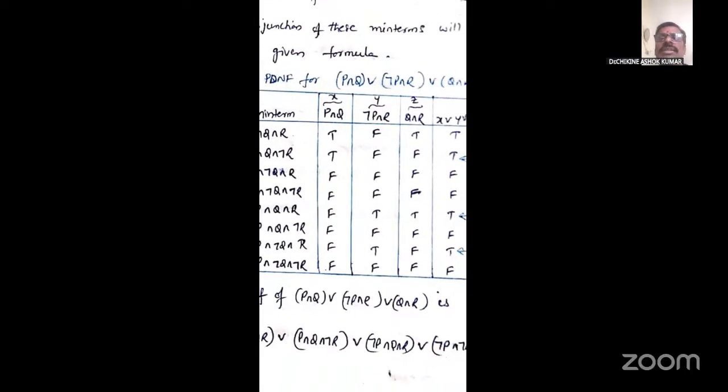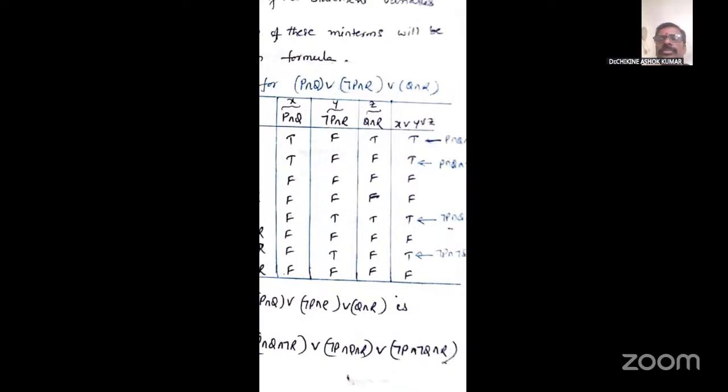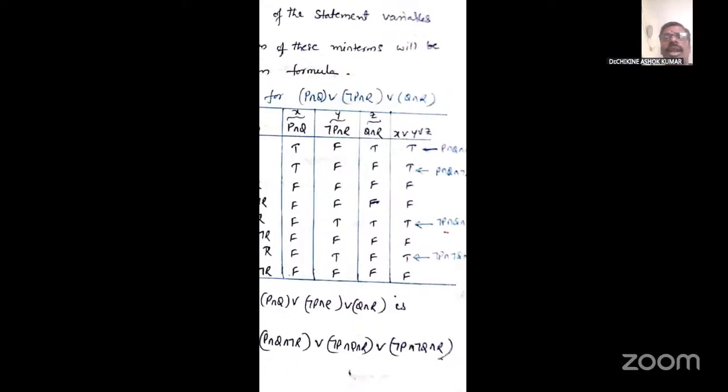So I got three products and I want to club these three products with union. That is the sum of these three products, which is the principal disjunctive normal form. I assumed the first one is X, the second one Y, the third one Z. So what do we have to find?